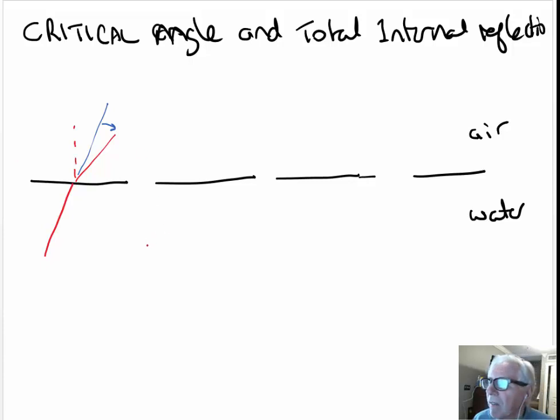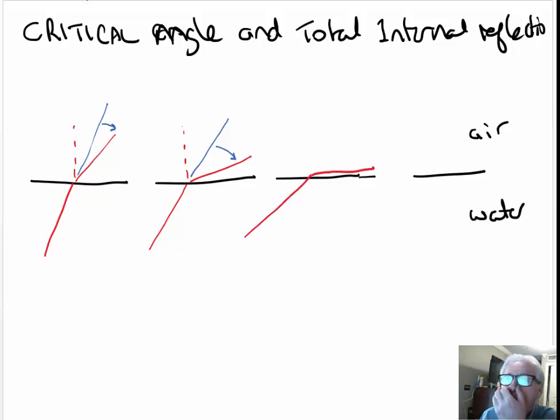And if I make this angle a bit more serious, it bends a bit more. And then there's a critical angle. Now notice at this critical angle, the exit ray is rolling along the surface.